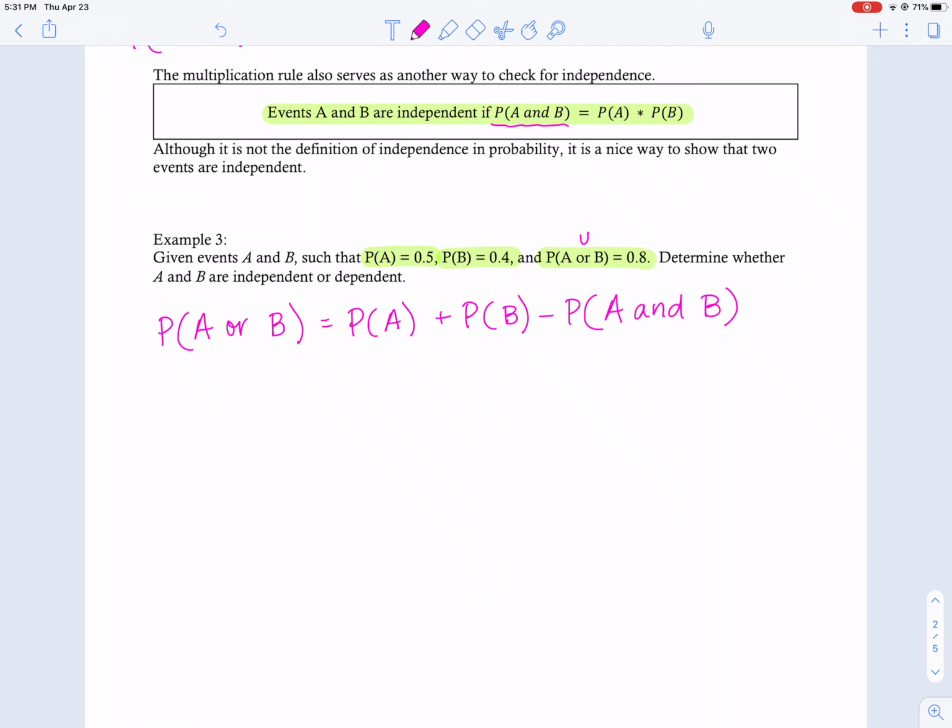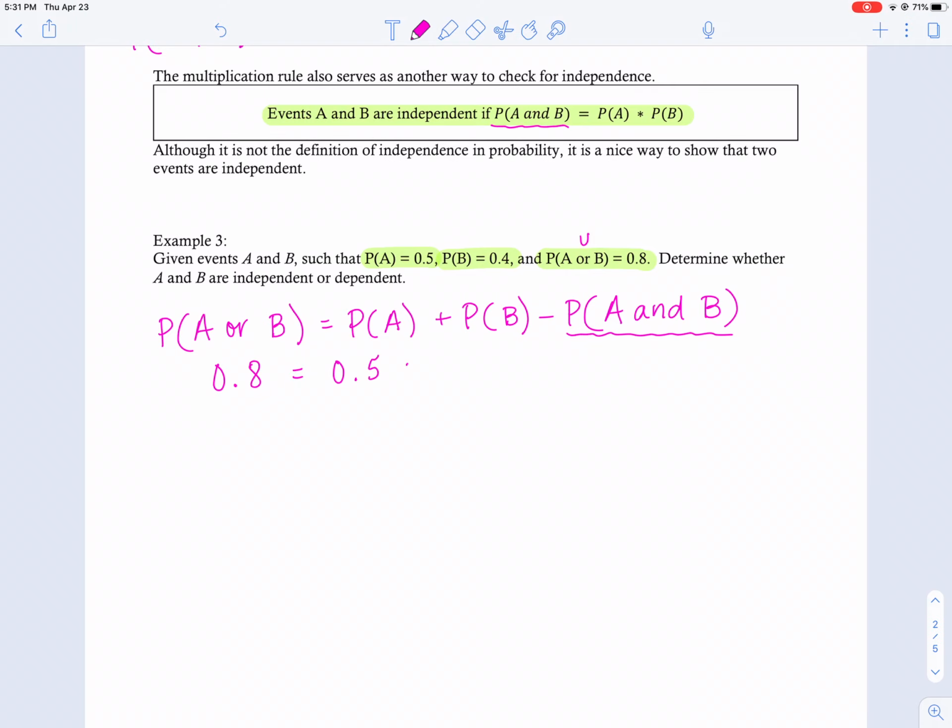So if we now know 3 out of the 4, we could solve to get, this is what we want. We want A and B. This is the one we're solving for. So the probability of A or B here is 0.8. The probability of A is 0.5. Probability of B is 0.4. And we are now going to find the probability of A and B. So I like to move the probability of A and B to the other side because you see how this is negative.